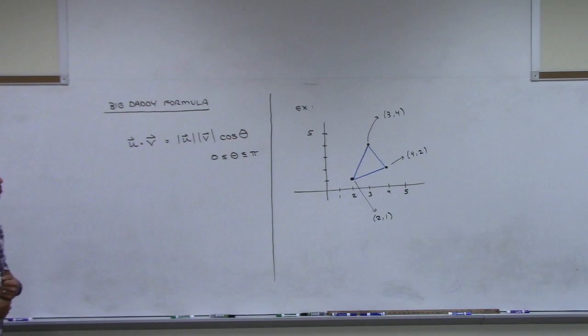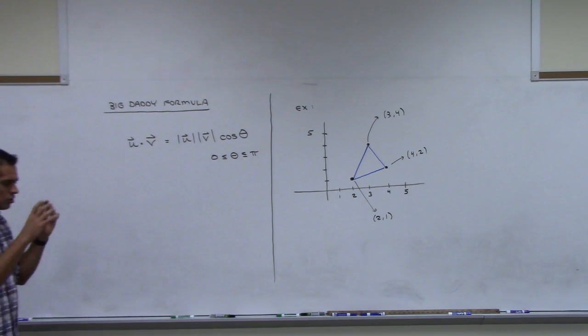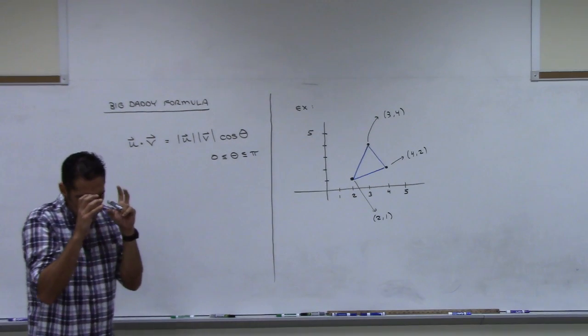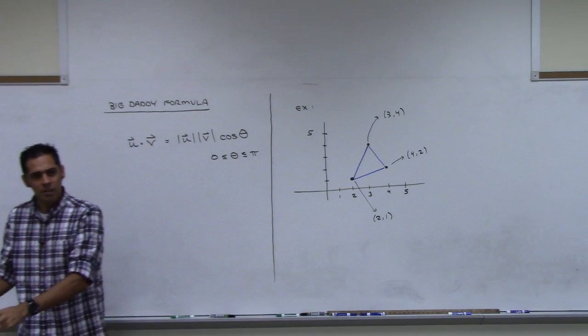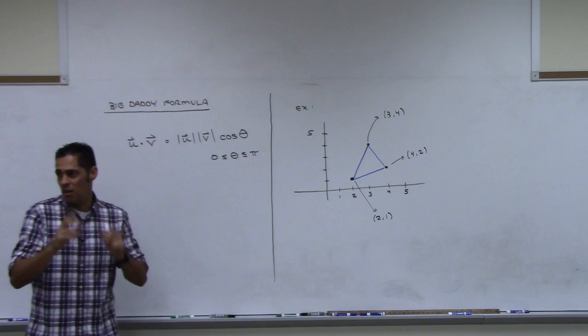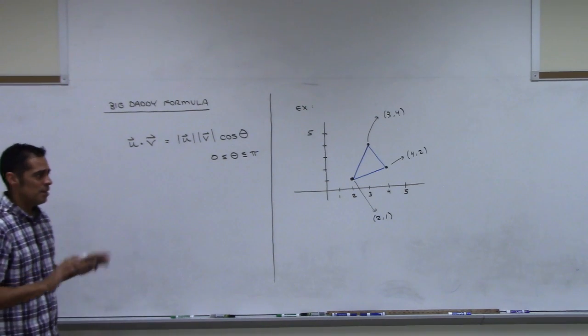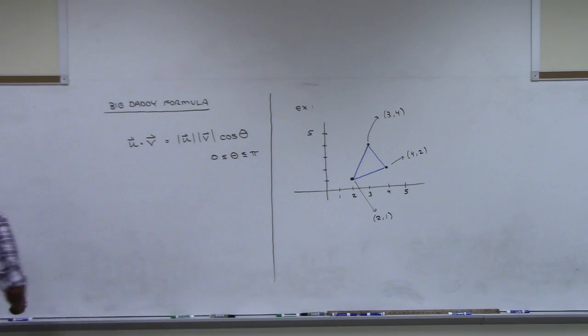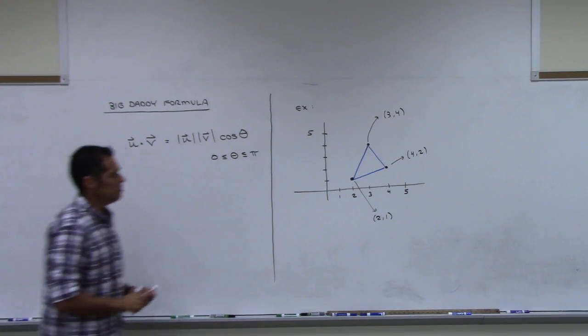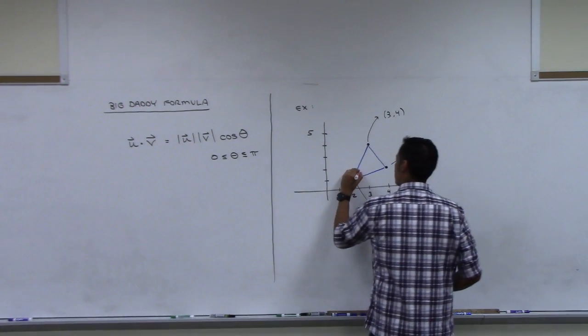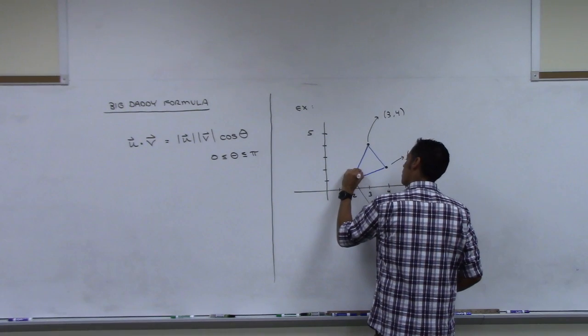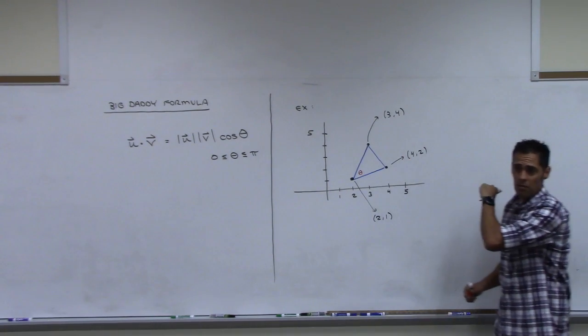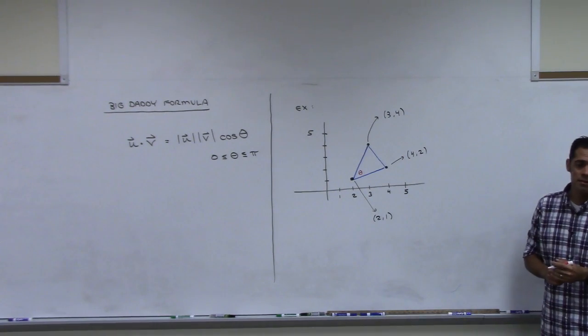So here's what we're going to do. We're going to take our precalculus trigonometry goggles off, and we're going to put our vector goggles on, and look at this from a different perspective. We're going to see an angle. Let's talk about this one right here, theta. Now there are 3 angles in this triangle, right? But let's just focus on that one, theta.